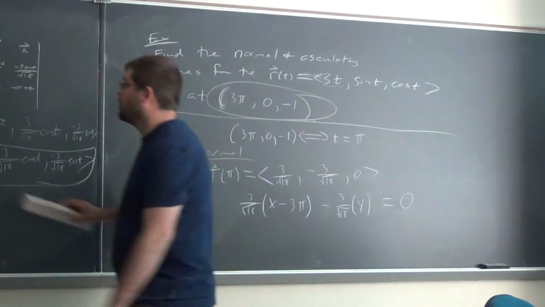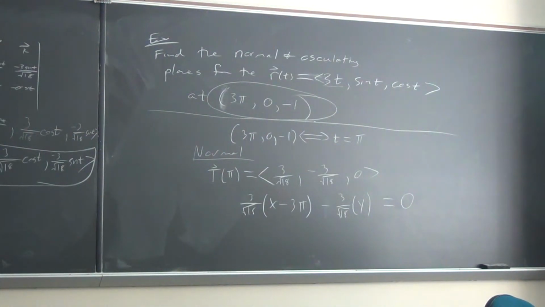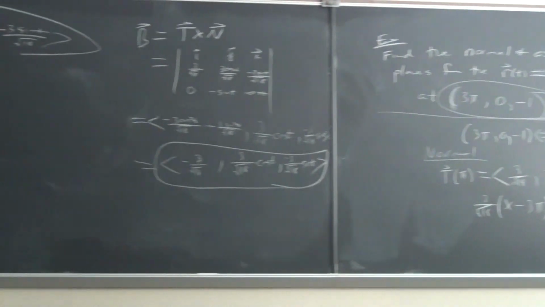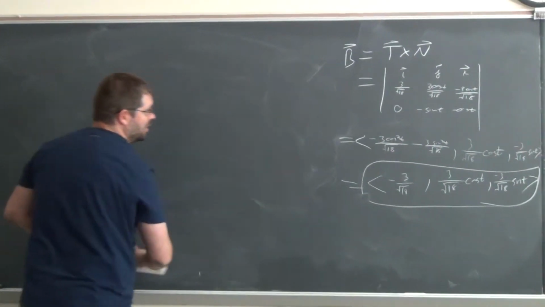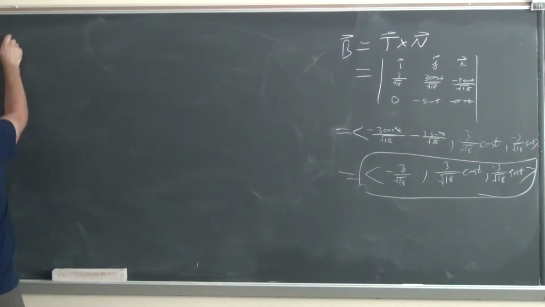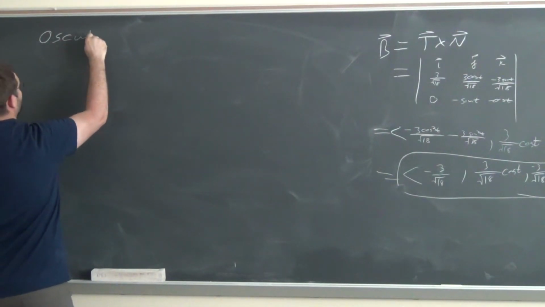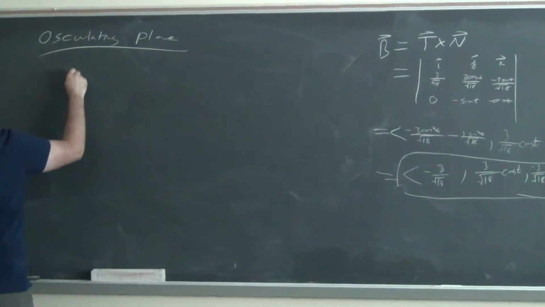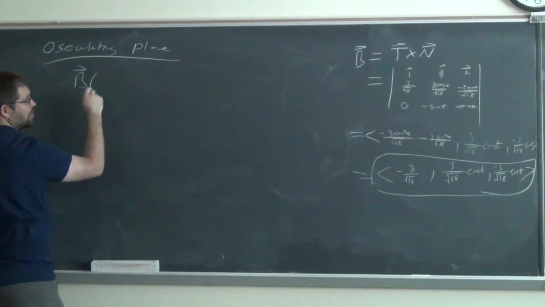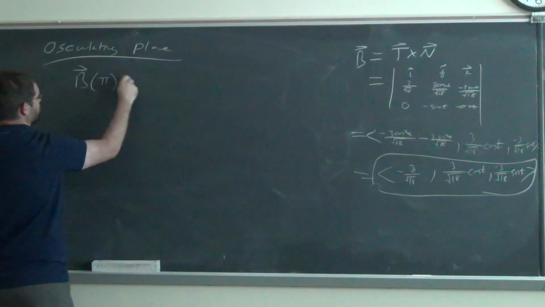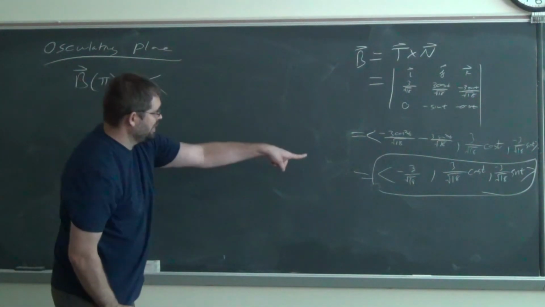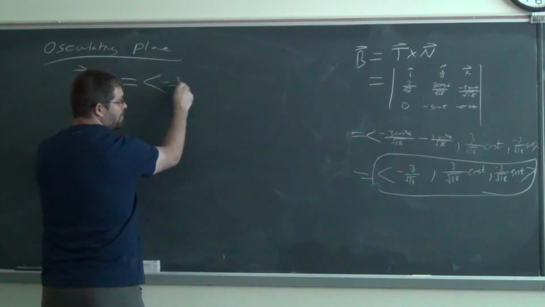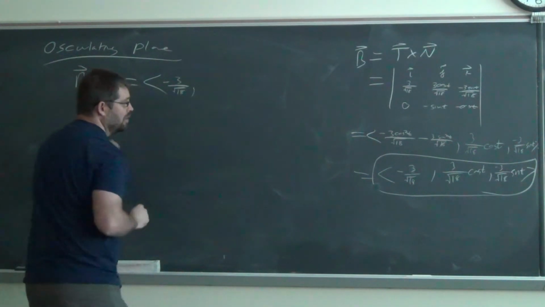Then for the second plane, the osculating plane, we do the exact same thing, but we use b as our normal vector. So we need b of pi. Now b is right there, so it's negative 3 over the square root of 18.